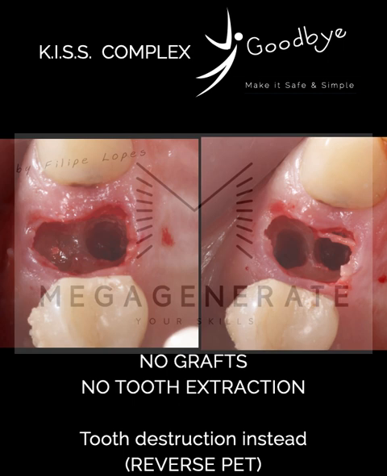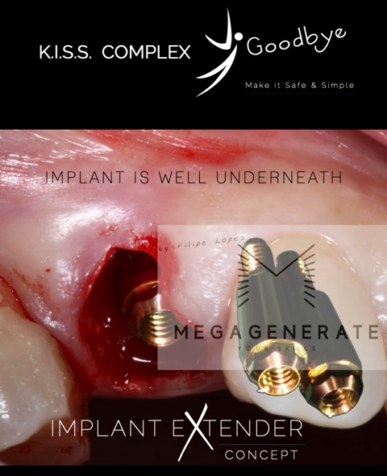And if you destroy it selectively, you will have no need for grafts, and you won't do a real tooth extraction as you destroy your tooth in a selective way. I'll call it reverse PET, reverse partial extraction therapy. And this will make your approach a lot simpler.